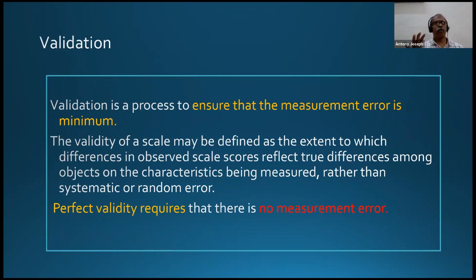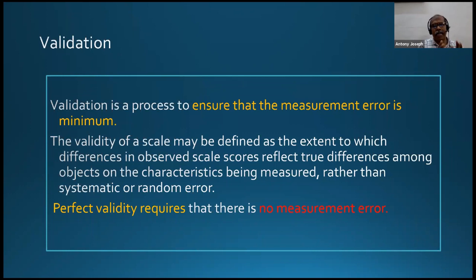Okay, when we speak about validation, another aspect is validation. It's a process to ensure that the measurement error is minimum. While measuring a phenomenon by using a scale, our attempt is to minimize the measurement error.